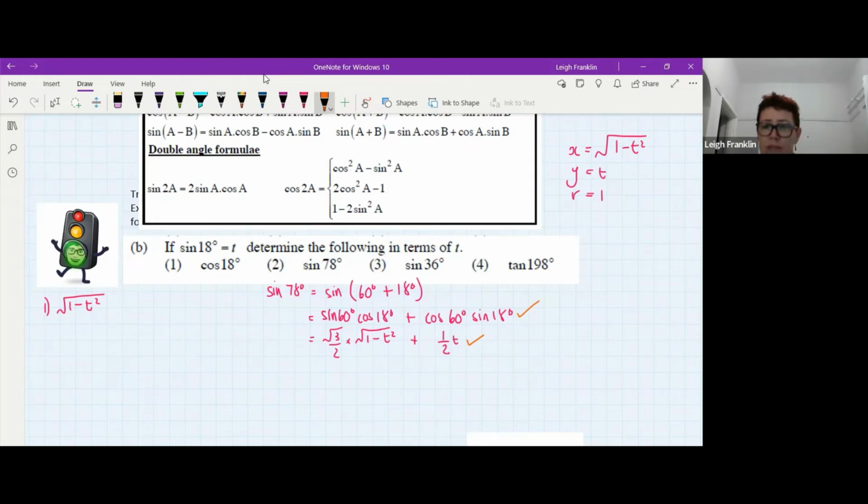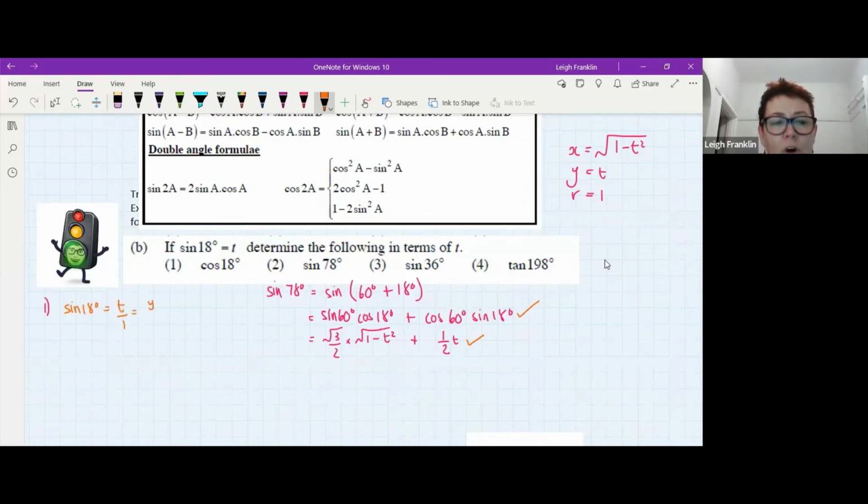Ma'am, is it okay if you re-explain number 1? I'm not sure. I don't think I got it. Okay, so in number 1, you were doing the theorem of Pythagoras. They've given you that the sine of 18 is t over 1.